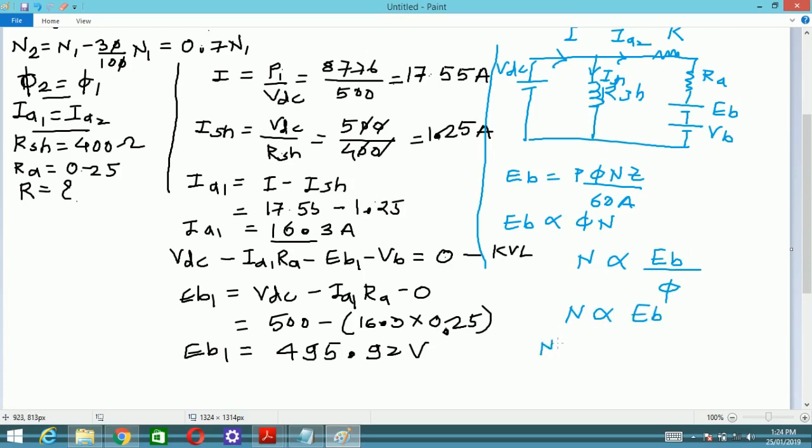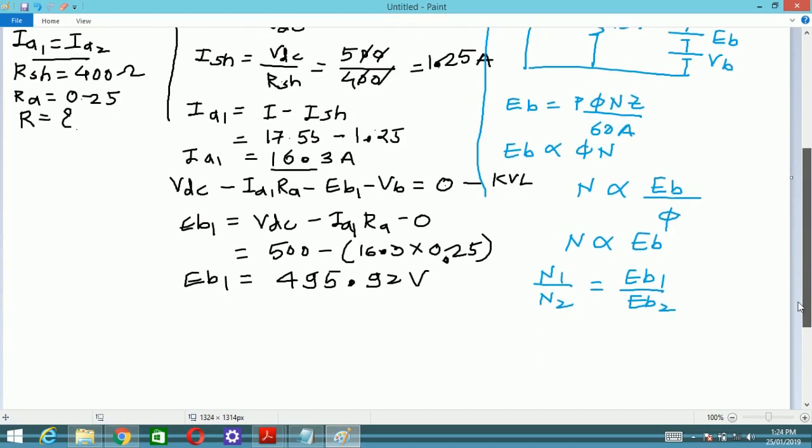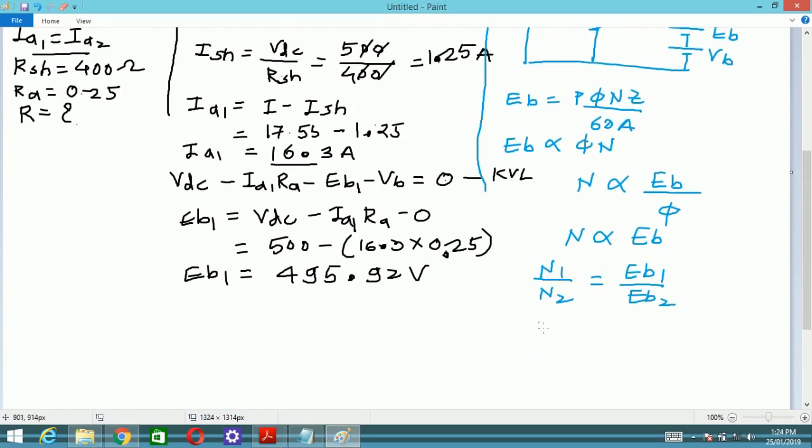So I can write the equation as N1 by N2 is equal to EB1 upon EB2. The constant values get cancelled. I don't know the value of N1, but I know N2, which is 0.7 times N1, as we have studied earlier.